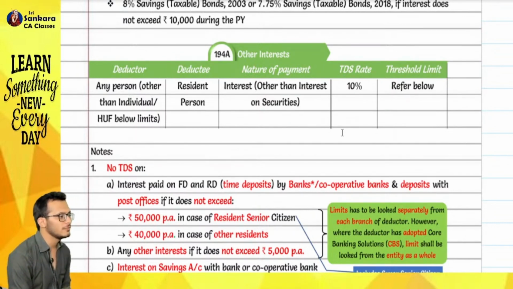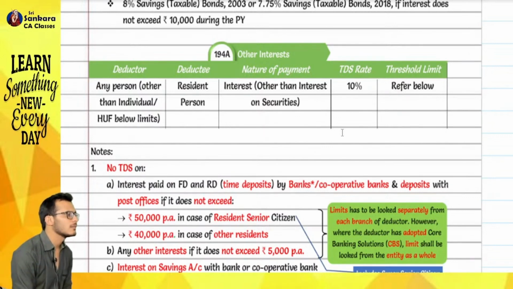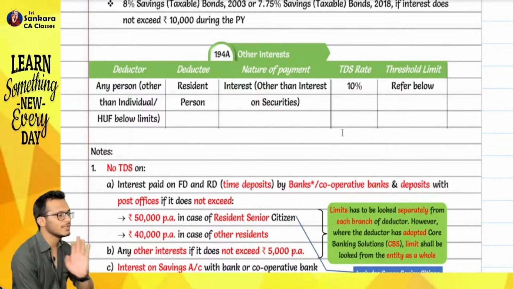If it is a savings account, no TDS. If it is a fixed deposit and an RD, that is a recurring deposit, check what the interest is for the whole year.